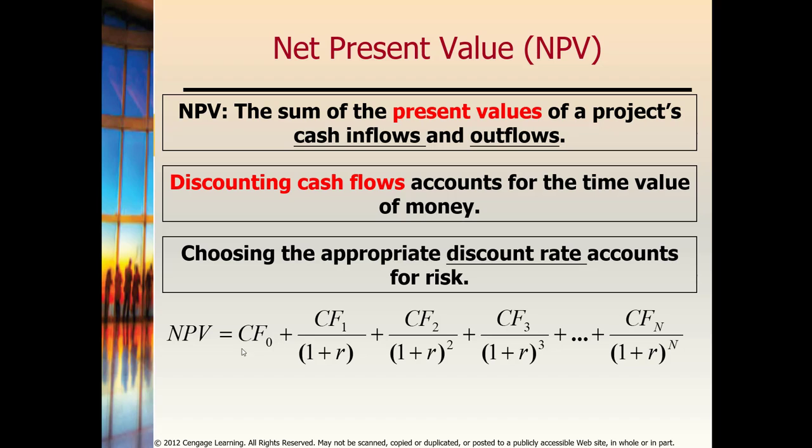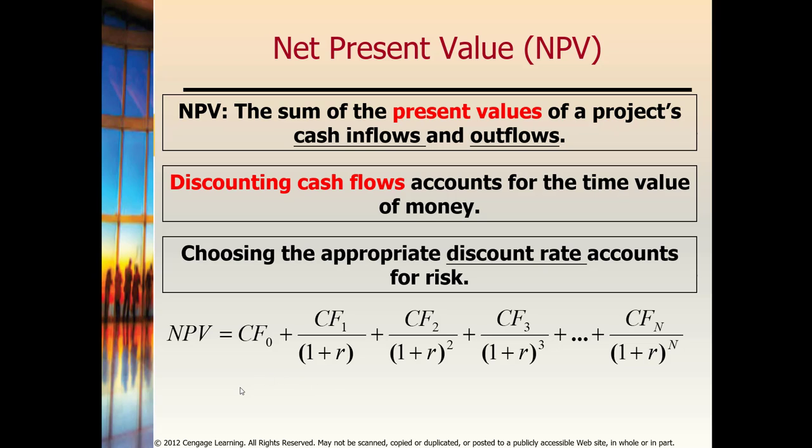This is the cash outflow. So the cash outflow plus the summation of the present value of future cash flows. You can see this cash flow coming one period from now, this one two periods from now, three periods from now, and so on. This model is totally different from the previous two techniques.